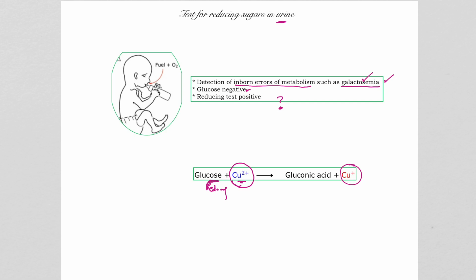So basically the blue color changes to red, and that tells you there is something reducing, some reducing chemical, maybe a sugar, maybe something else. Vitamin C can do that too. Okay, so vitamin C, so something reducing. And once there is something reducing, then we can run more specific tests to see is there really a genetic problem with the child.